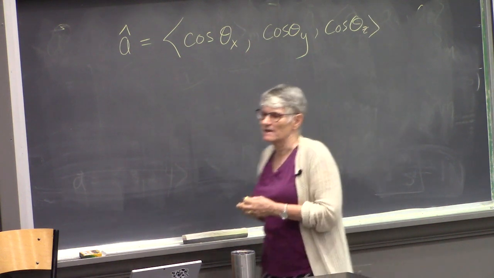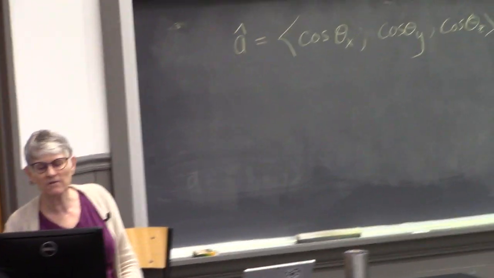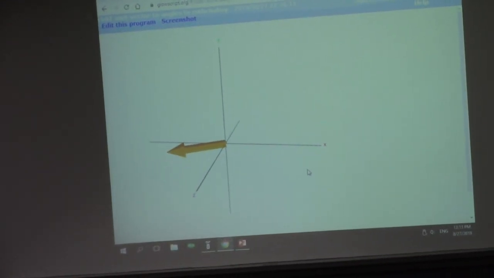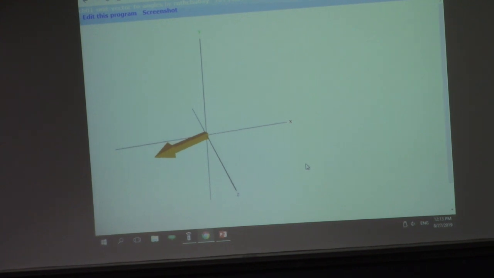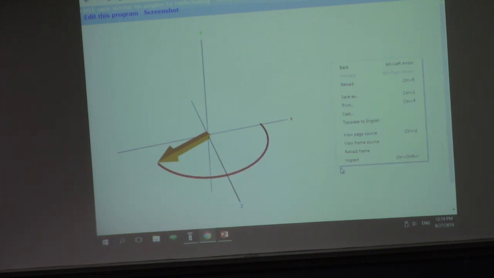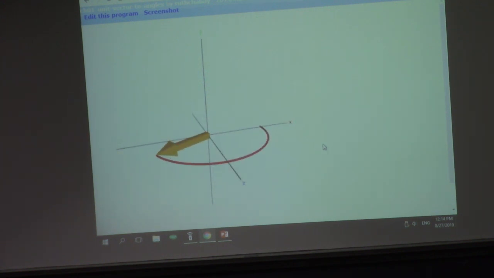What does that mean? Well, here's our vector. Is the angle with the x-axis bigger than 90 degrees, or less than 90 degrees? We're always going to take the smaller one, so there are two possible ways. We could go around this way, or we could go around that way. So that angle is the angle between this vector and the x-axis.